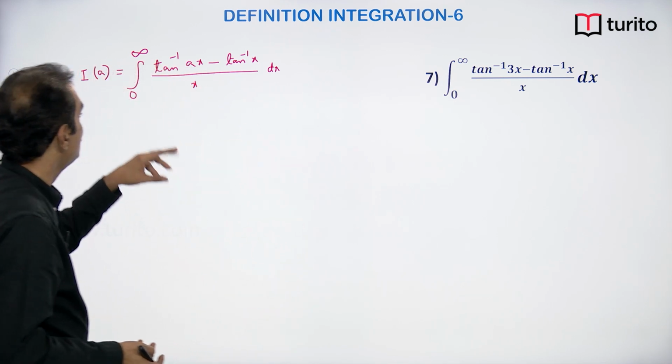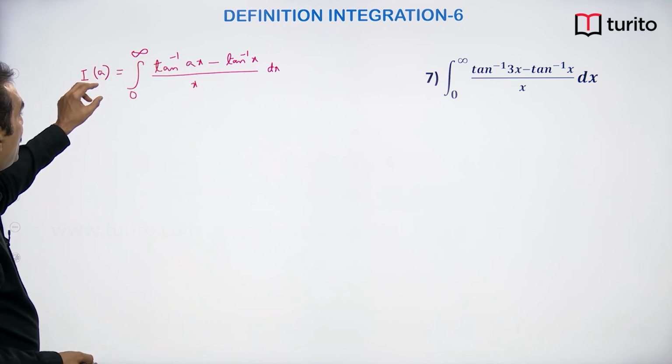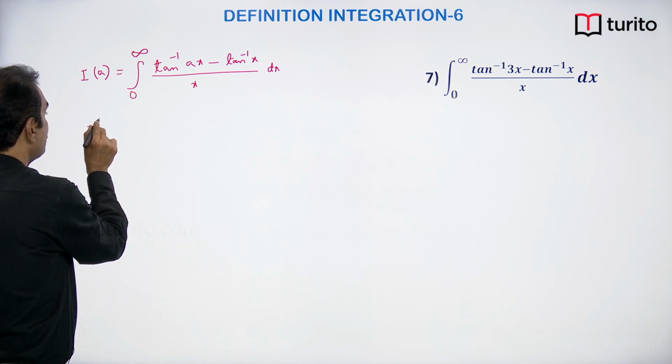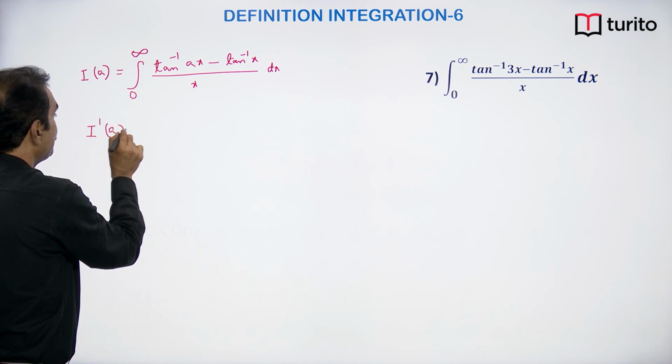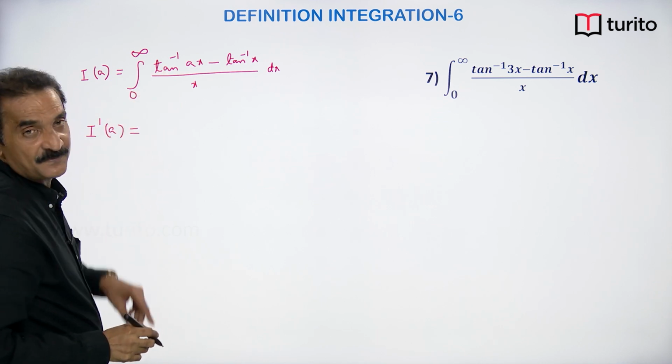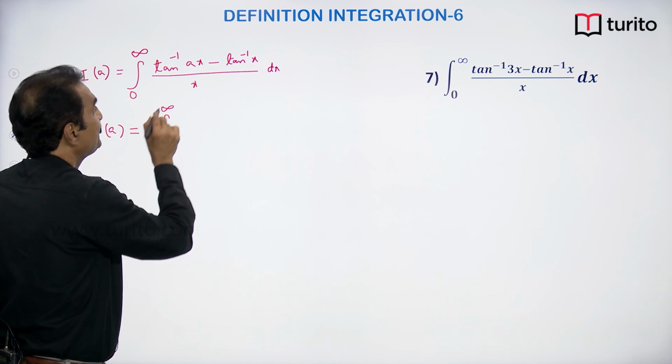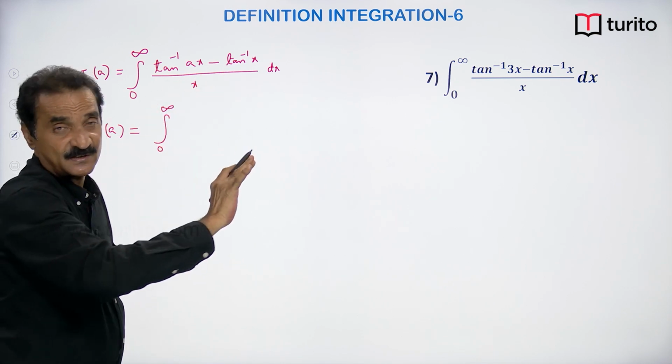Okay. Here, I dash a is equal to, what is the derivative of this integral? Integral 0 to infinity, x is constant.